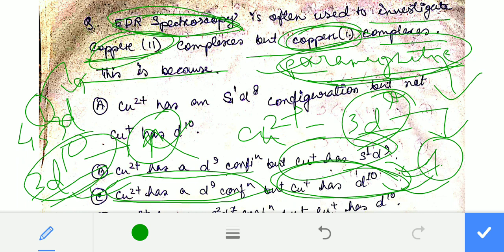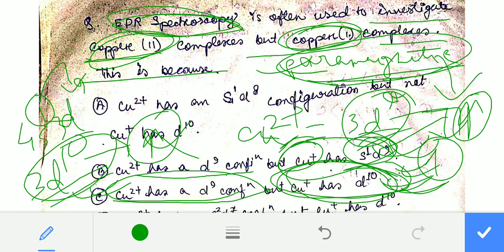Paramagnetic means there must be unpaired electrons, and as you can see, in the d9 configuration one unpaired electron is there. If copper plus had that configuration, it could also be investigated under EPR spectroscopy, but that does not happen. So copper plus has d10 configuration, which is the right option. Moving to the next question.